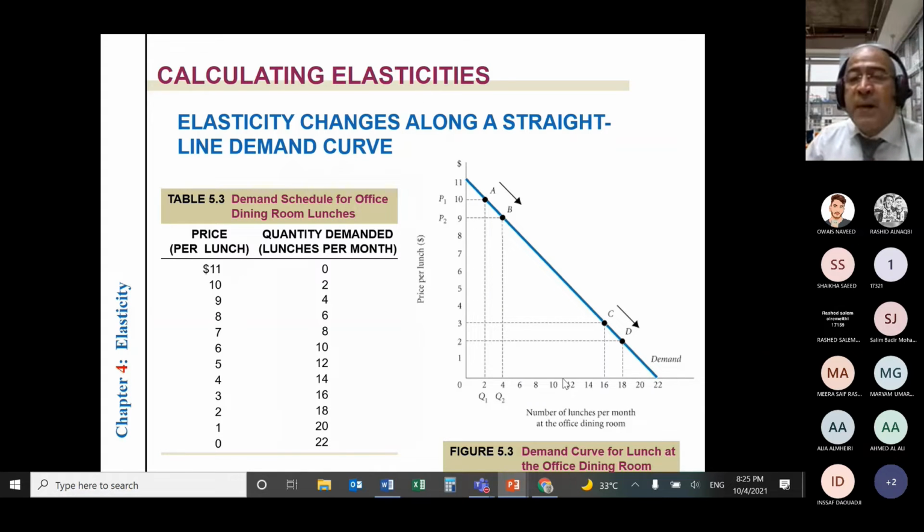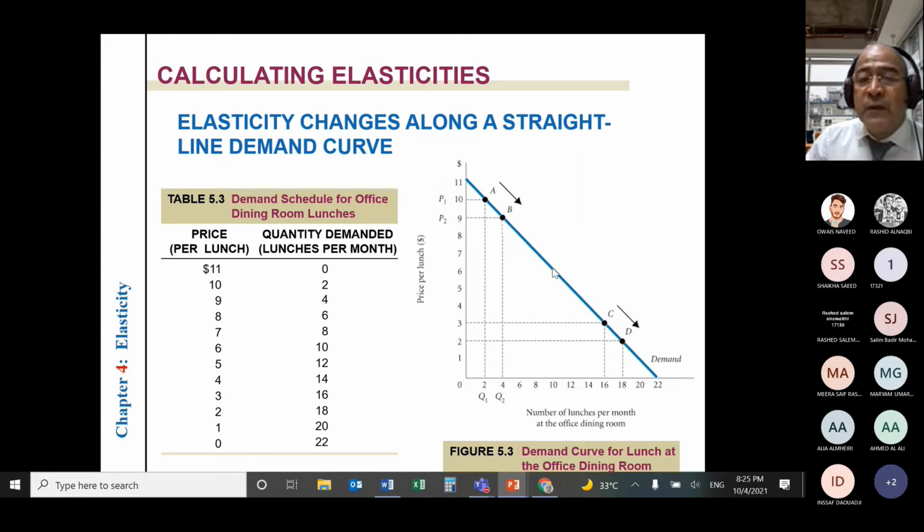I'm concerned about the midpoint, this is the midpoint of the demand curve. If you draw a vertical distance, the quantity demanded here will be 11.